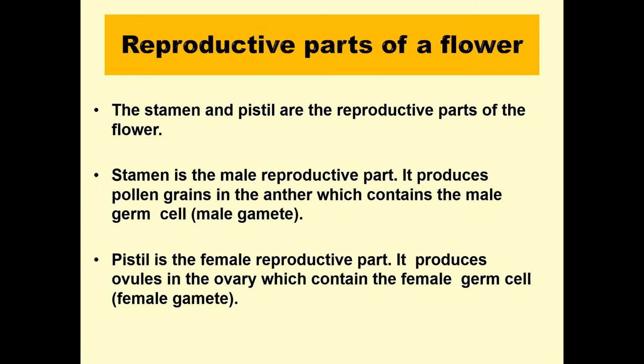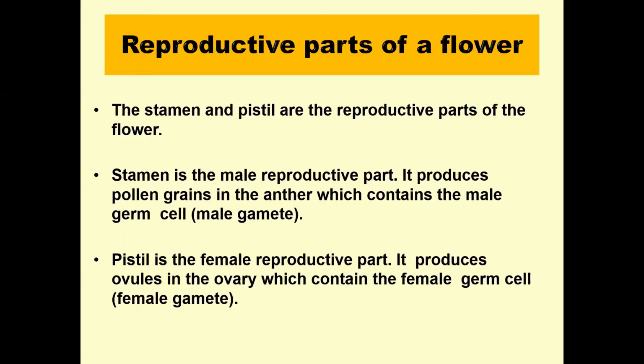A plant has two parts, the vegetative part and the reproductive part. Flower represents the reproductive part of the plant. And in the flower, stamen and pistil are the parts which are involved in the formation of male and female gametes. Stamen is the male reproductive part. This produces pollen grains in the anther.